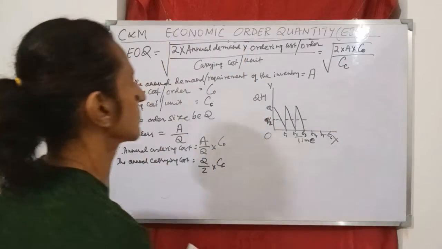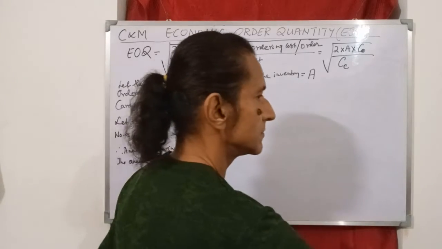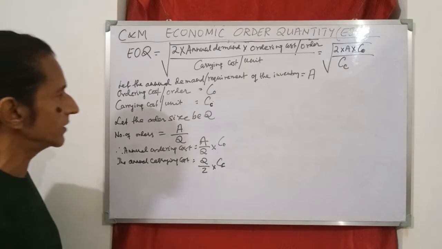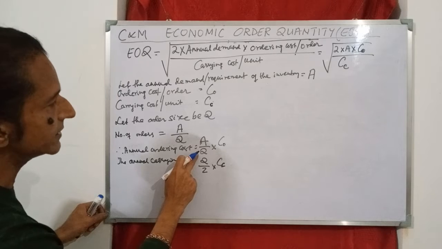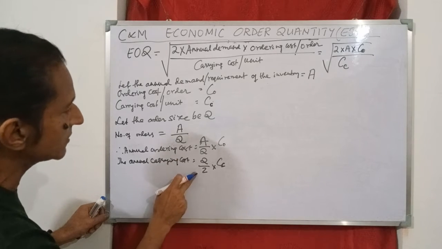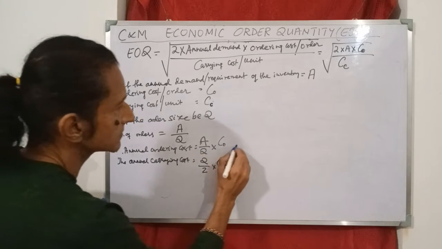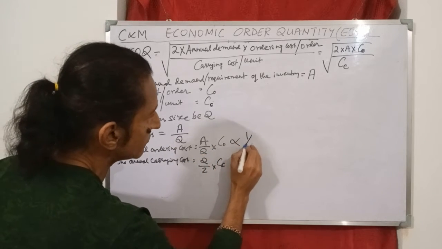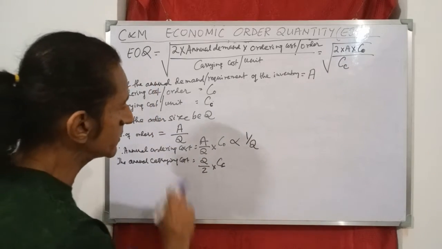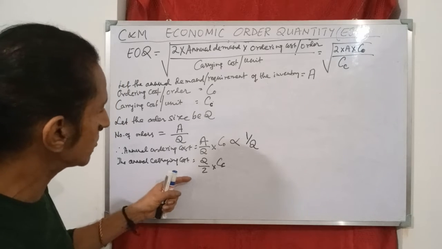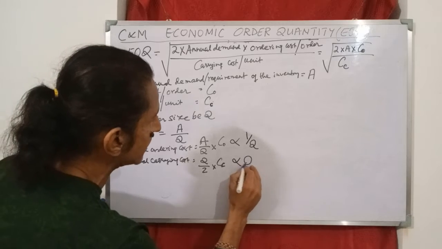Now, look carefully. In ordering cost, Q is in the denominator, and in carrying cost, Q is in the numerator. Therefore, ordering cost varies inversely with quantity, and the annual carrying cost varies directly with quantity.